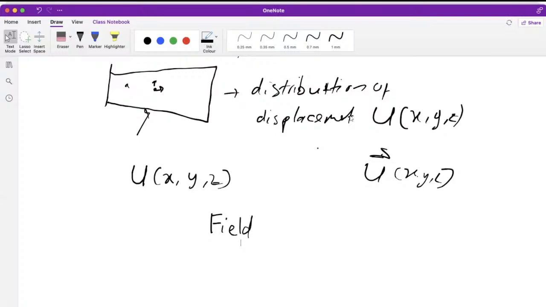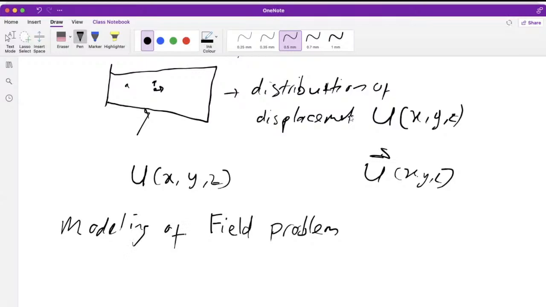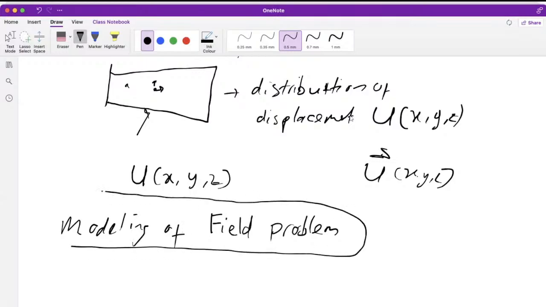But for our purpose in mechanical engineering here, I'm just going to call it a field problem. So modeling of a field problem is what you are doing in the class and next in the part with Dr. Sarah.